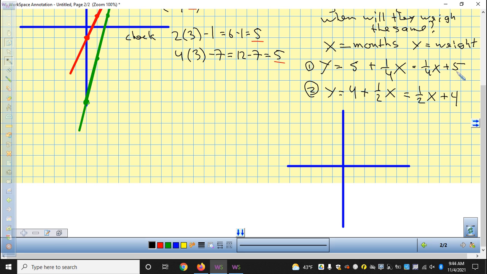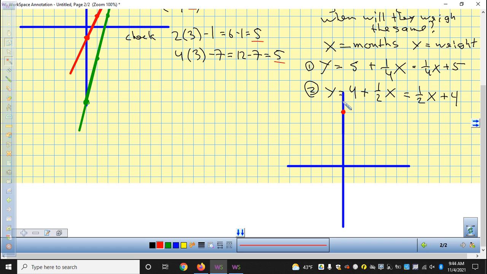Here my y-intercept is 5. 1, 2, 3, 4, 5. Oh, I need to make this a little taller. And my slope is 1/4. So I'm going to go up 1 and over 4.